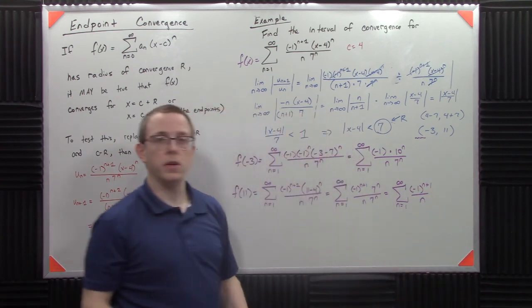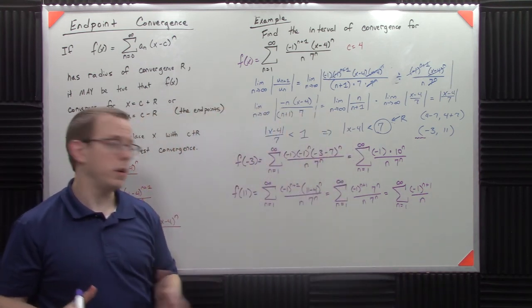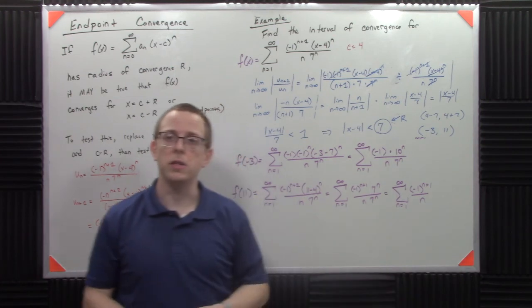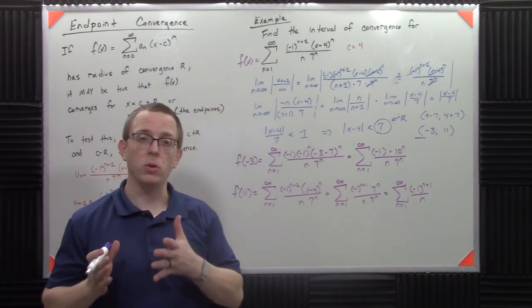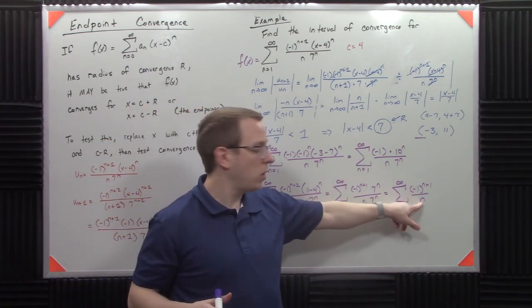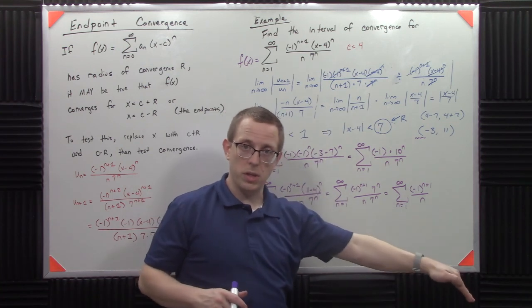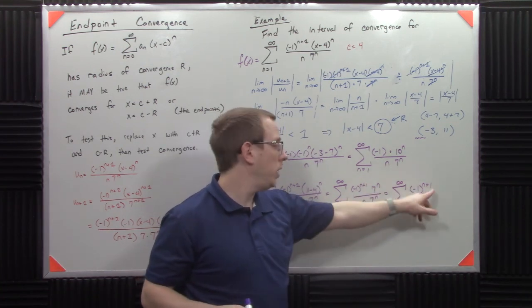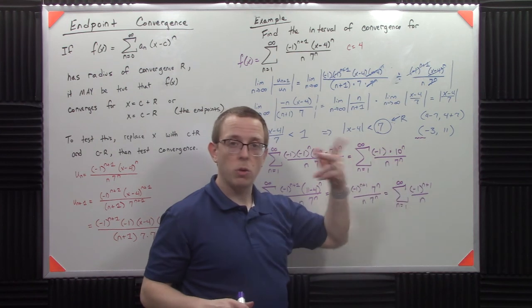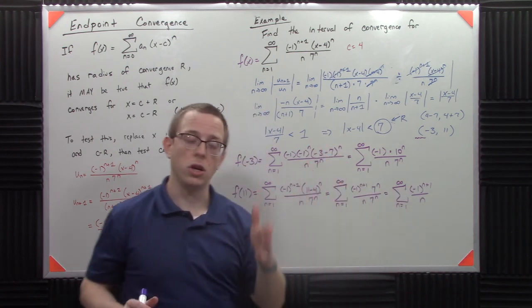I get that series, which is an alternating series. That's like an alternating harmonic series. So by the alternating series test, since that term decreases down to 0 monotonically, and this term is alternating, it's going to converge.